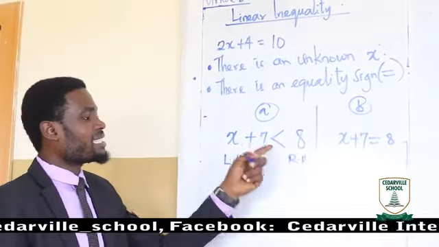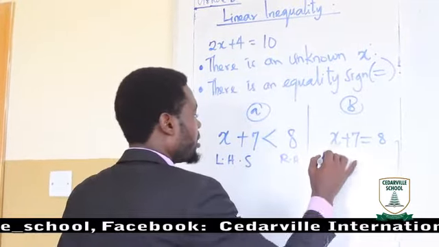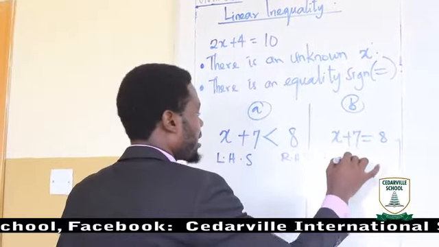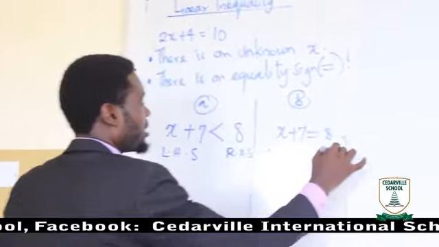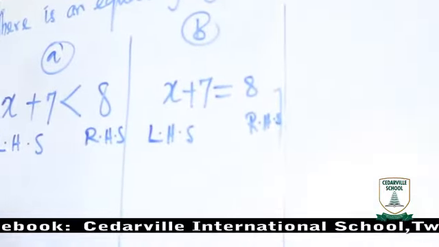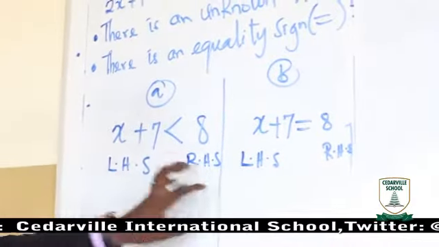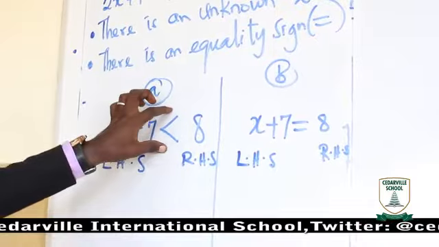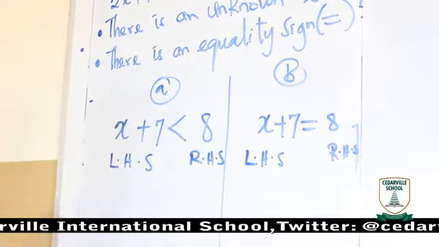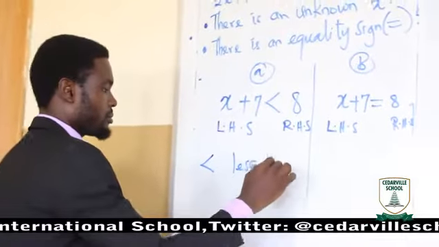And also here we have the left hand side and the right hand side. So the difference between these two expressions is that between the left hand side and the right hand side, here we have the less than symbol.